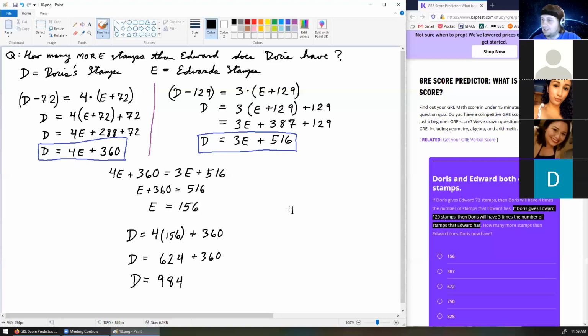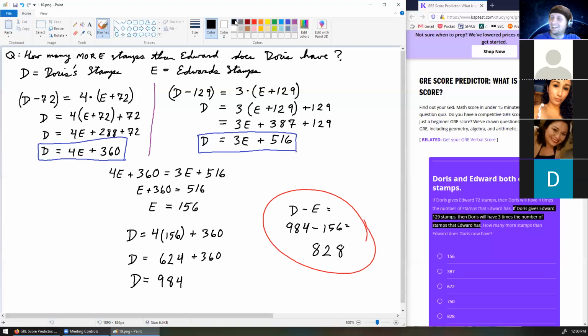Subtract D minus E. E equals 984 minus 156. What do we get? 828. There we go. It's a lot of stamps.